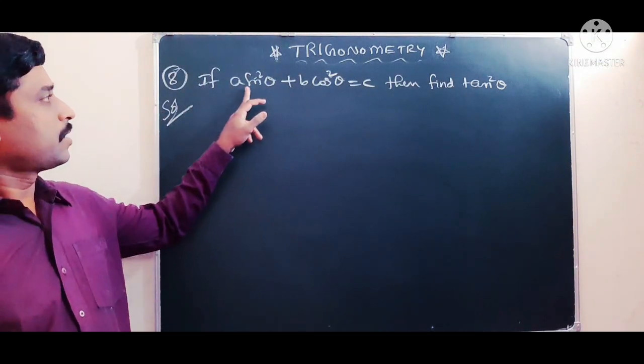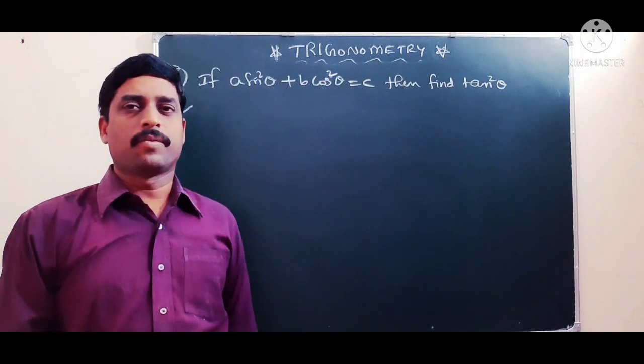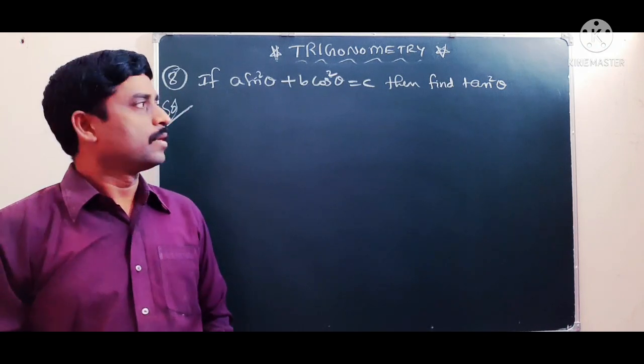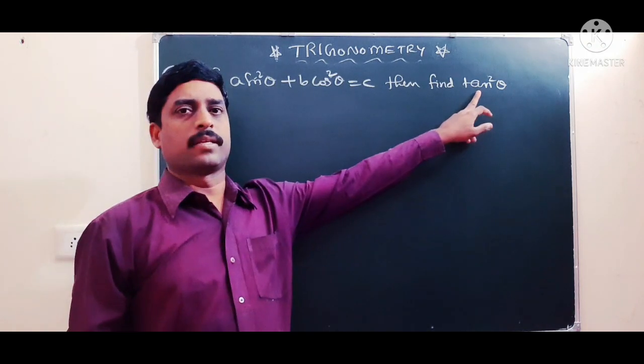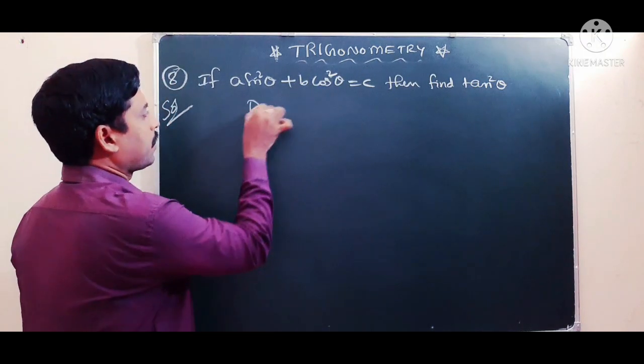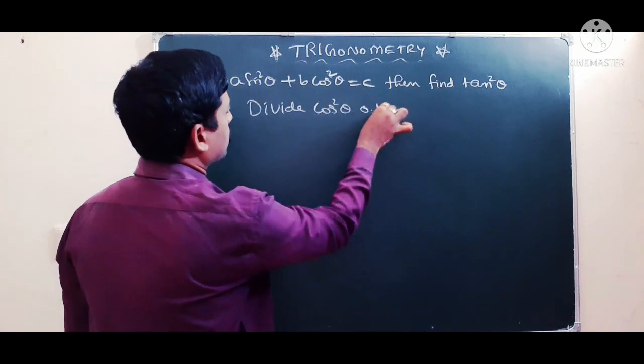If a sin square theta plus b cos square theta is equal to c, then we have to find a tan square theta. How can we solve this problem? What is required is tan square theta, so divide cos square theta on both sides.